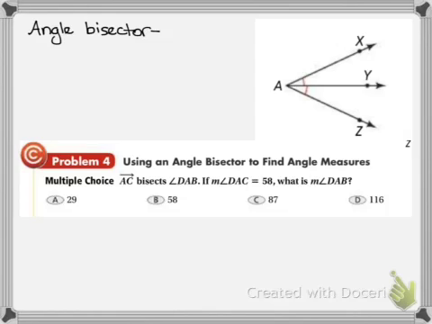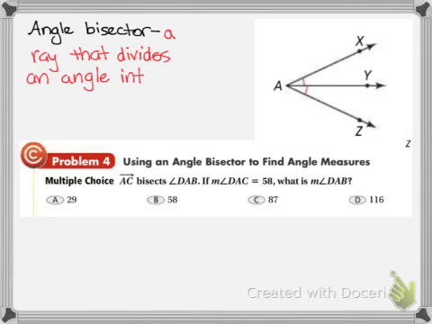An angle bisector is just a ray that divides an angle into two congruent angles. So just any ray that divides an angle into two congruent angles.